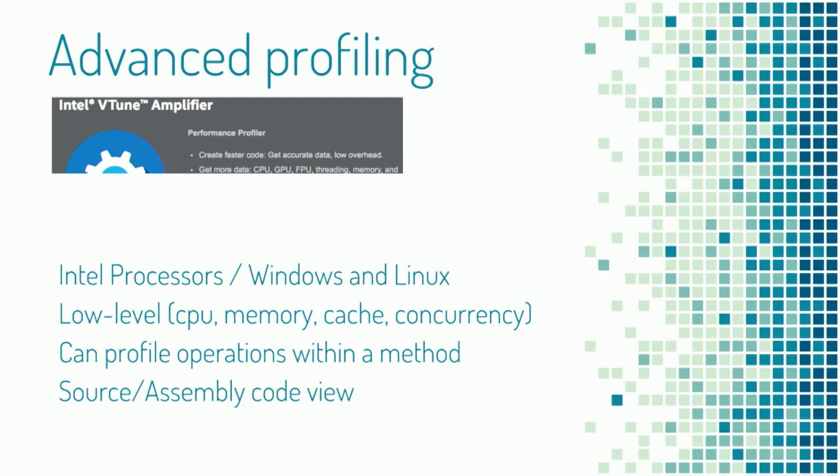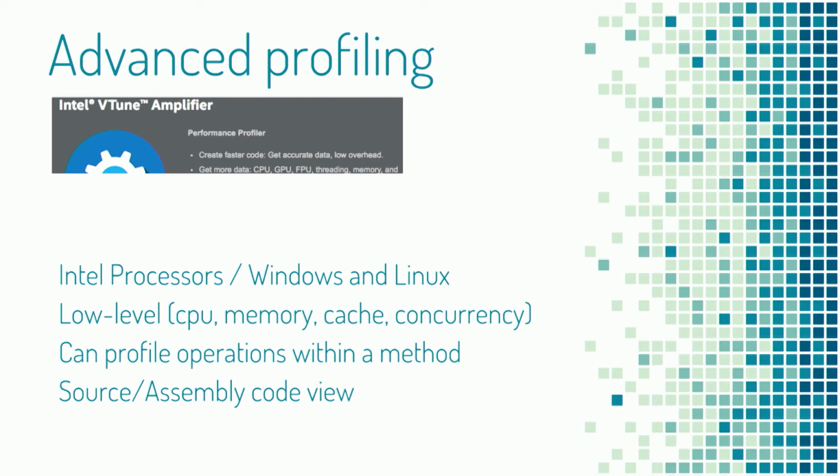That's a problem. I actually decided to buy a PC just to run this tool. It's more low level, so you can see how your code interacts with the CPU caches. You can see how your code interacts with the processor at the assembly level, for instance. And within a method, you can see that something is more expensive than the other things.